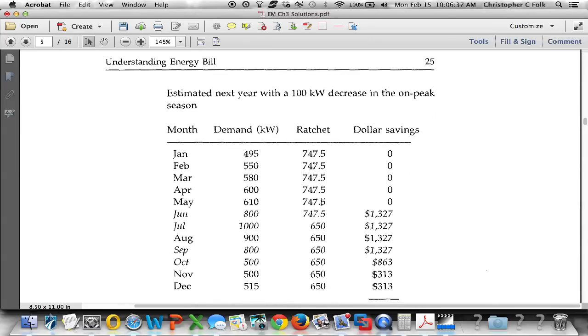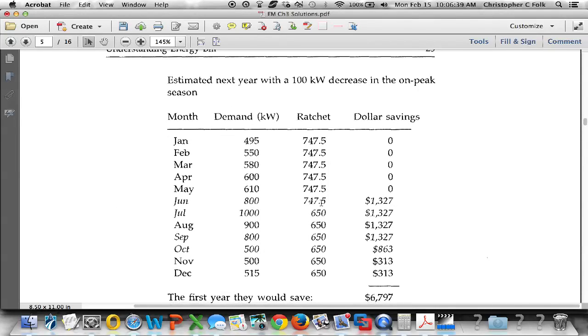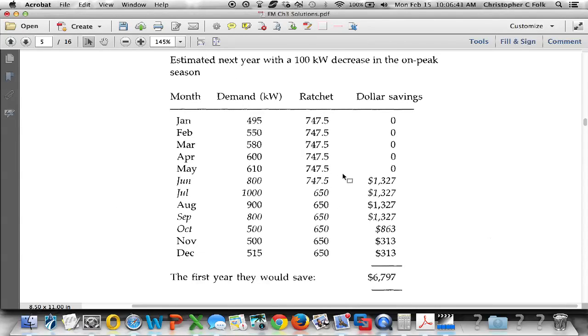Now, if we take the 100 kilowatt decrease for the on-peak season, it still won't affect the off-peak season because the ratchet is still going to be higher than that. But look what happens in June. In June, we are going to have a dollar savings because we lowered it from 900 to 800, which lowered it 100 kilowatts worth.